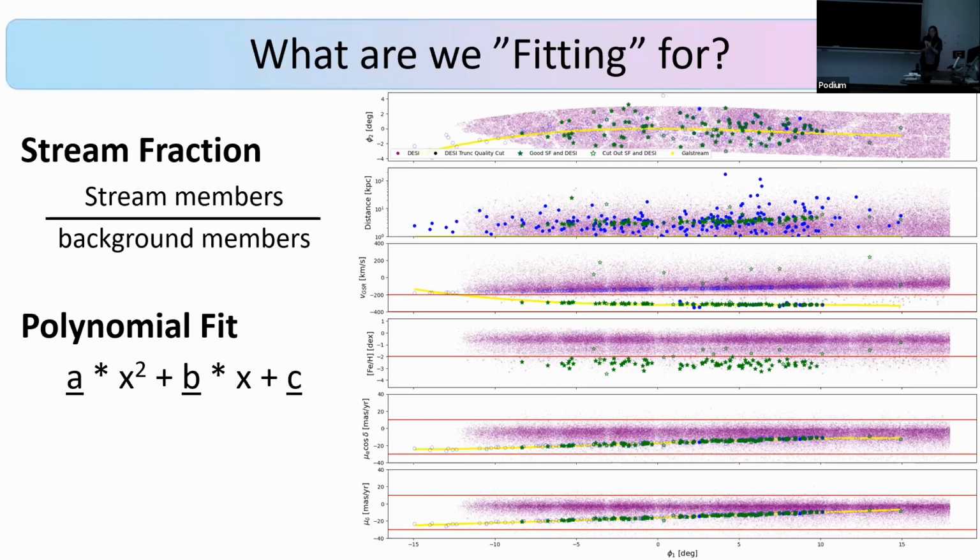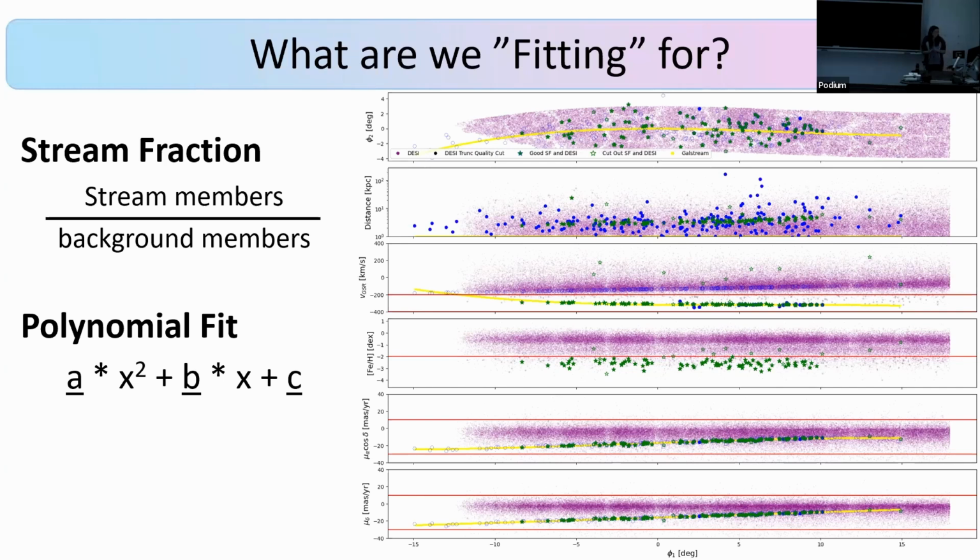So we're going to have an A, a B, and a C. If you know from the quadratic formula, these are all very useful for understanding parabolas and where they intersect the x-axis. And if you remember, we just centered our stream at 0, 0 along the x-axis. So this is much easier for fitting than if you looked at it at like RA 200.